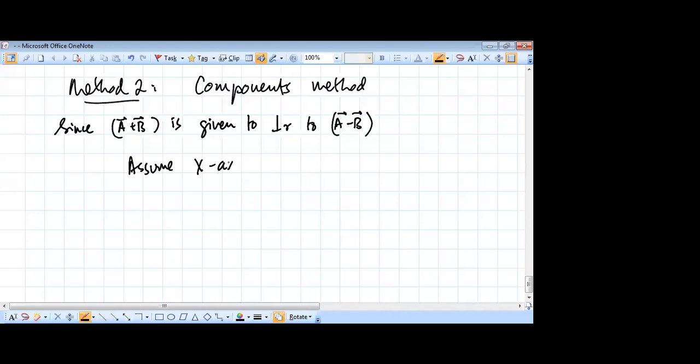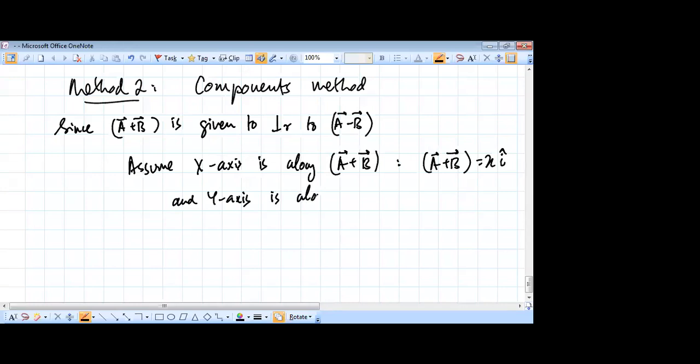assume x axis is along A plus B, and by that end we can say that A plus B is some magnitude x I cap. Then it will imply that y-axis is along A minus B. So then we'll have to assume that A minus B is some unknown magnitude y, but along J cap. तो यहाँ से देखो अभी क्या हो रहा है.